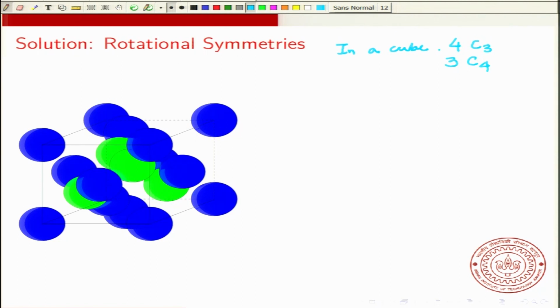The 3 C4 axes were the ones that go through the center of the face, like this, and go all the way and come out from the other side through the center of this face. So I'll just show these.